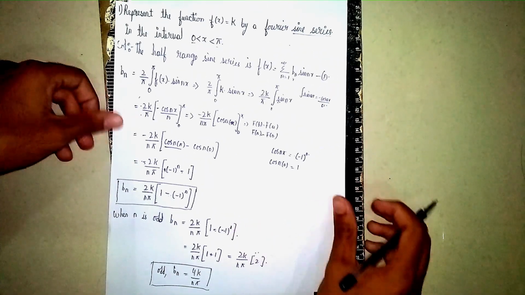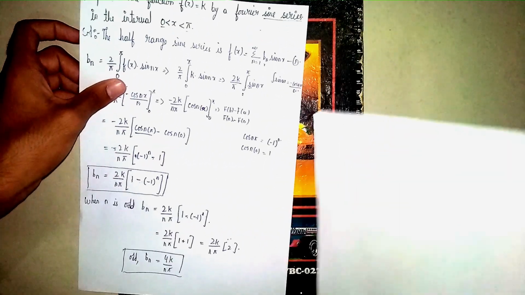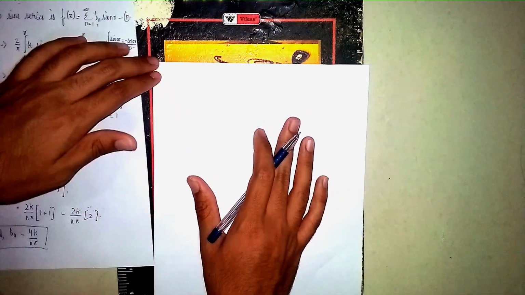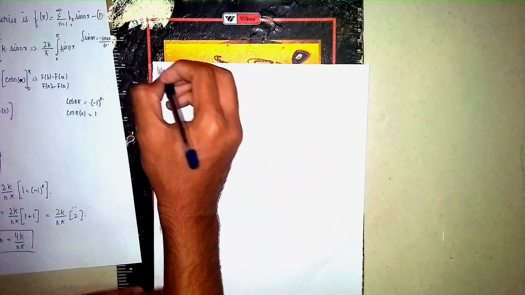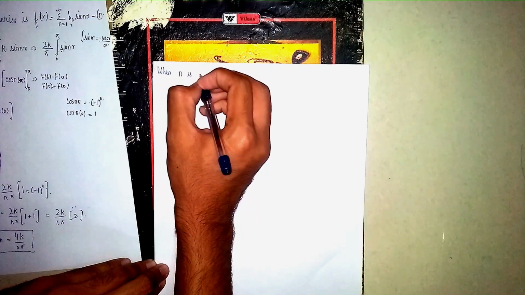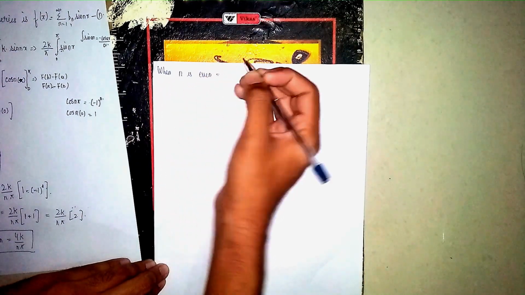Now we have to check for even also. When n is even, what is our bn value?